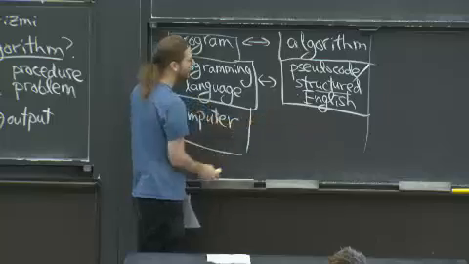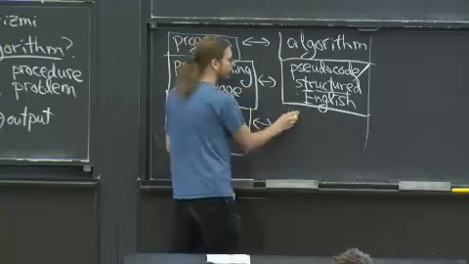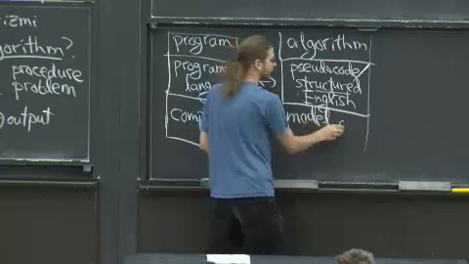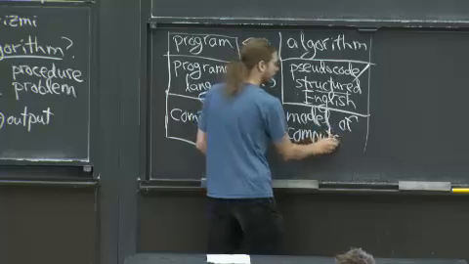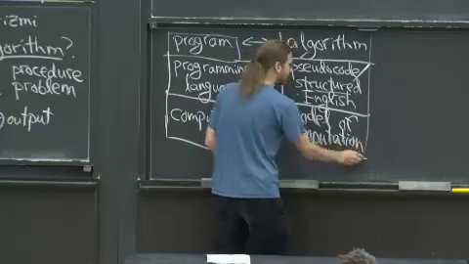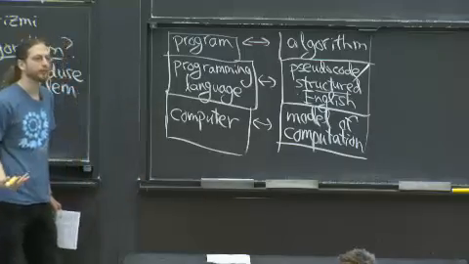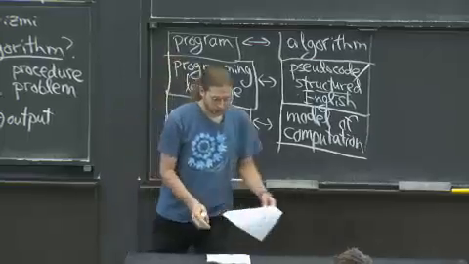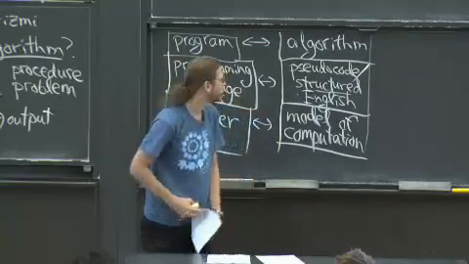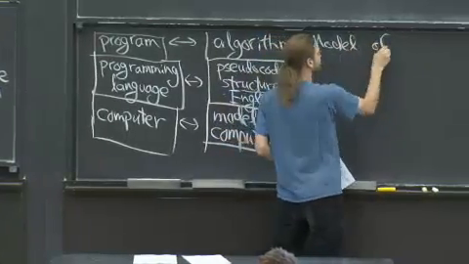There's an analog of a computer in the mathematical world, and that is the model of computation. And that's the focus of the first part of this lecture. Model of computation says what your computer is allowed to do, what it can do in constant time, basically. And that's what I want to talk about here. So, model of computation.